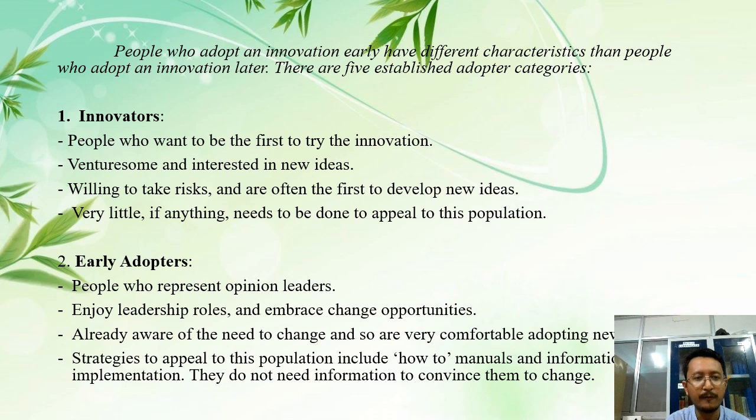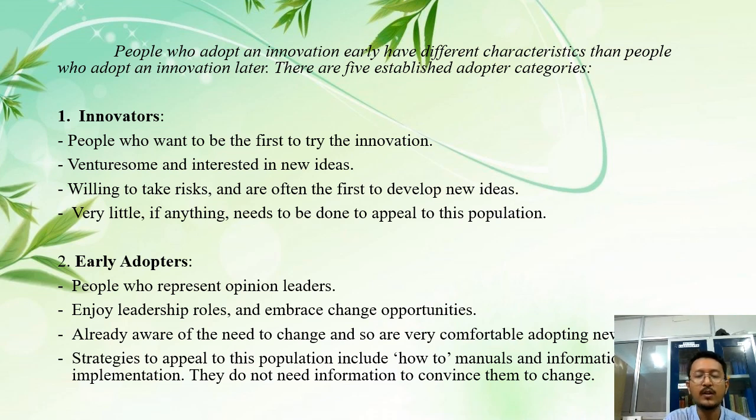These are the group of people who want to be the first to try the innovation. That is, whenever a new idea or a new product comes into the market, these people will always be the ones to try it out first. They are venturesome in their characteristics and interested in new ideas. Now, these people are also risk takers, and they are often the first to develop new ideas.